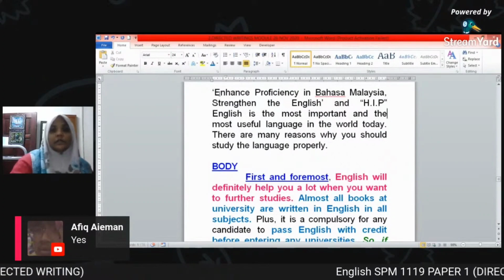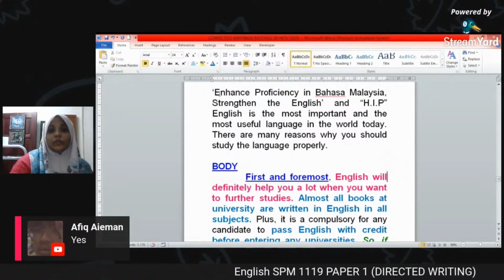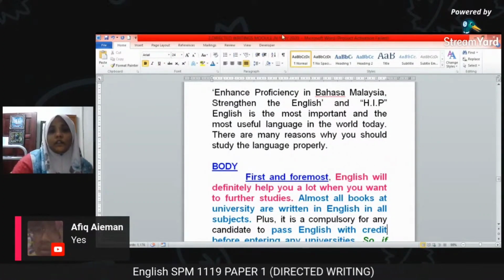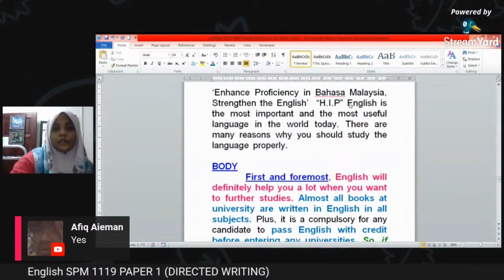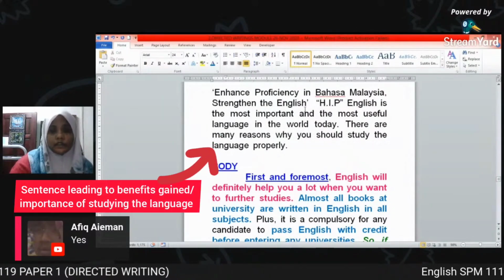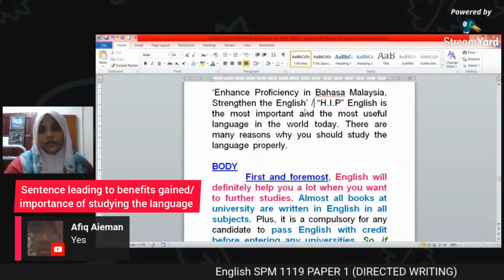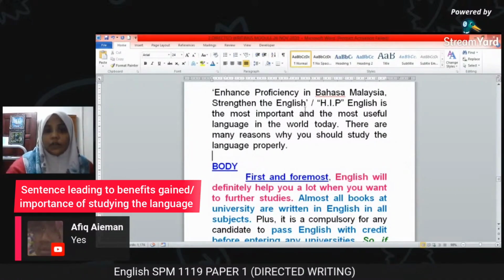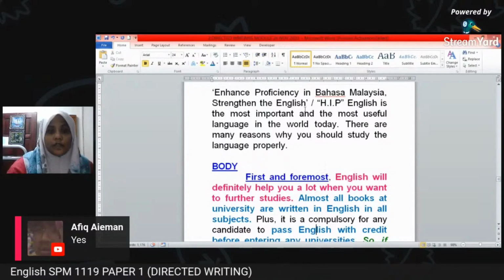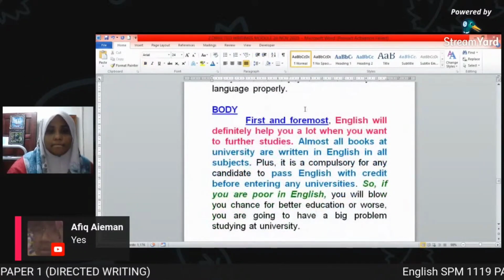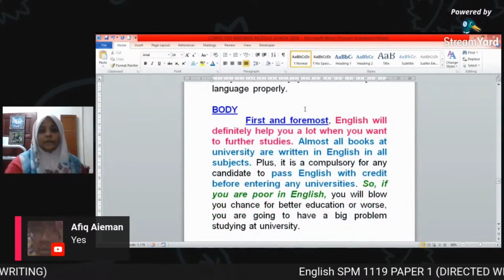Okay, English is the most important and the most useful language in the world today. You can also put this, either this or this. There are many reasons why you should study the language properly, right? Okay, let us make this part a clear introduction.